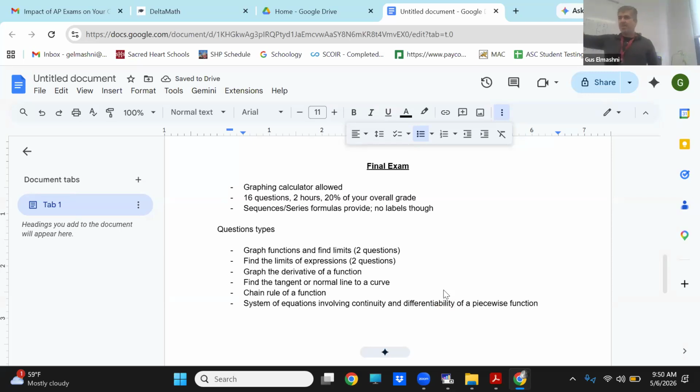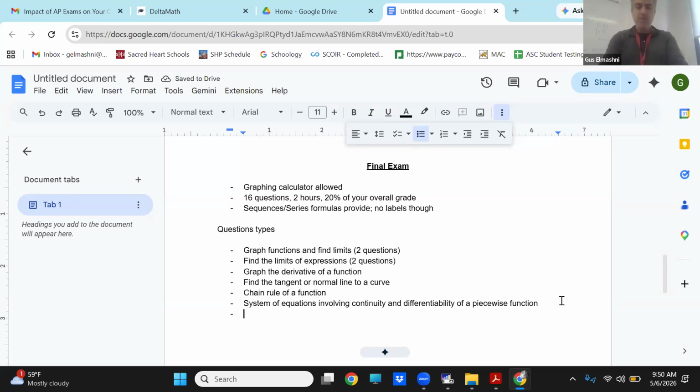Where you had a piecewise function, you had a bunch of constants, and then you had to say what are the values of constants to make this differentiable and continuous at a certain x value. You guys remember that? Yeah. And Delta Math, that's why I'm really excited. It's got a lot of great questions on that. So many. So it's actually infinite. You'll see. So telling you that.